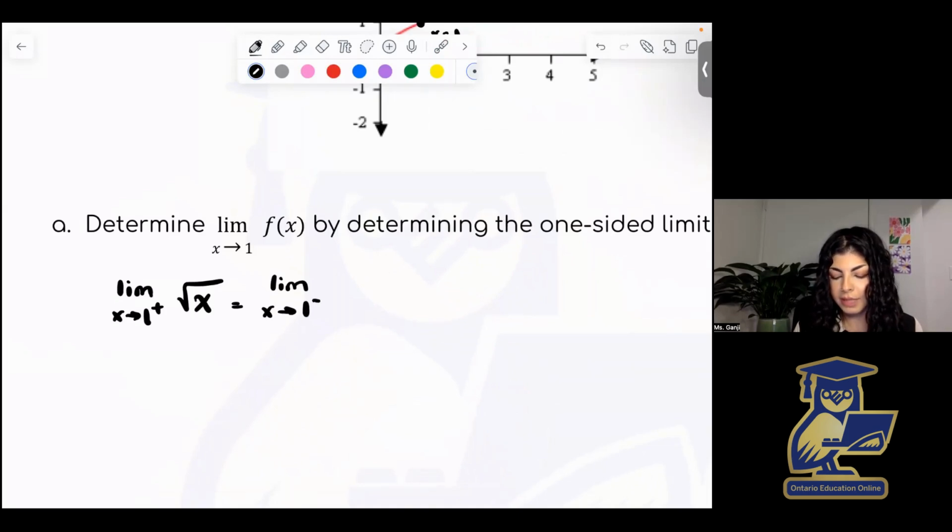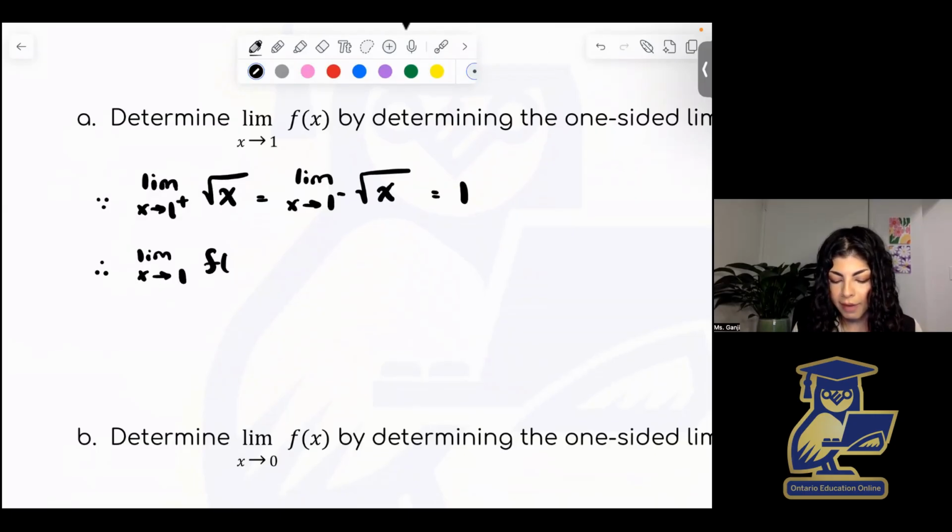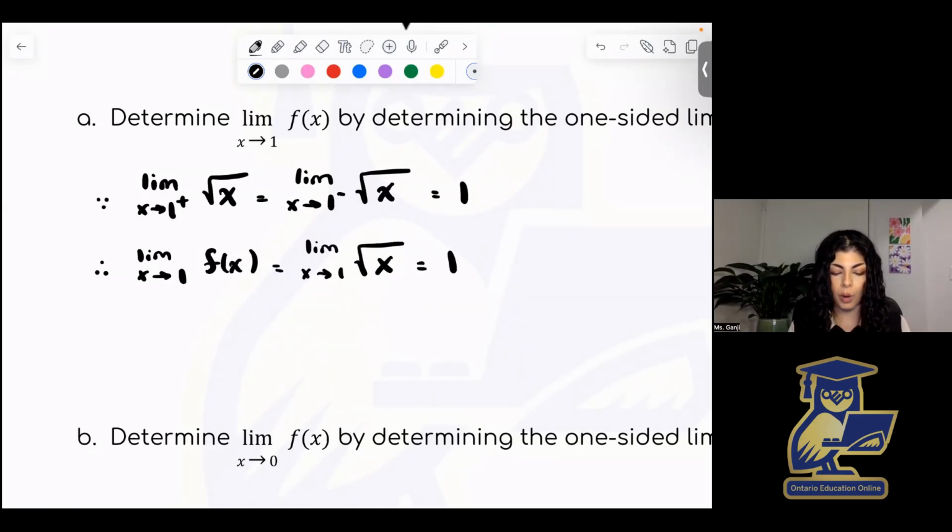And from the left-hand side, these two are both the same. They both equal 1. Therefore, because these two are the same and they equal 1, I can say that the limit of x approaches 1 of f of x, which is the same as of square root of x, is equal to 1.